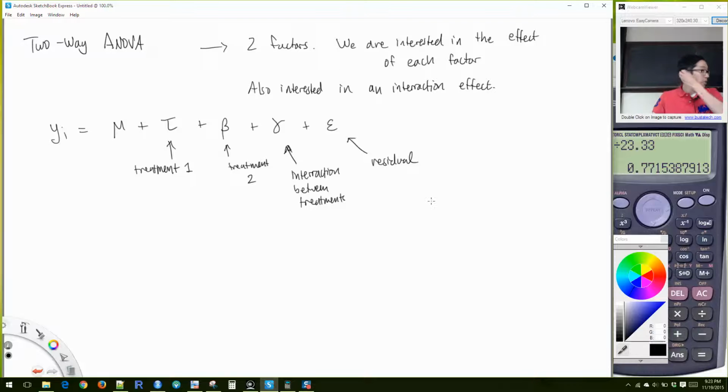So the idea here is perhaps, maybe if you did a separate study, you learn that treatment 1 produces some kind of effect.